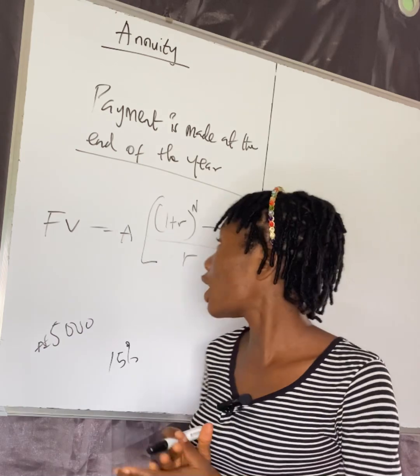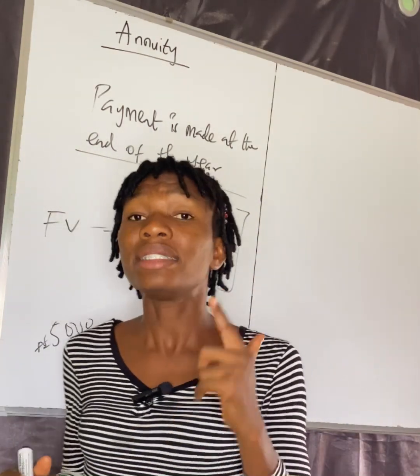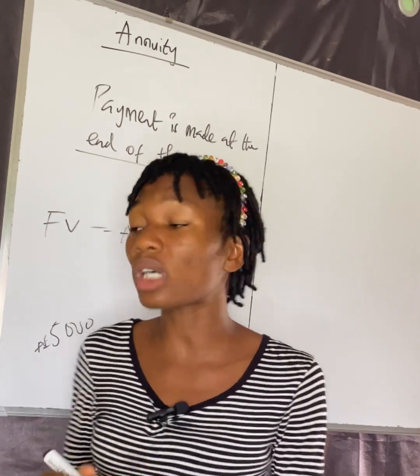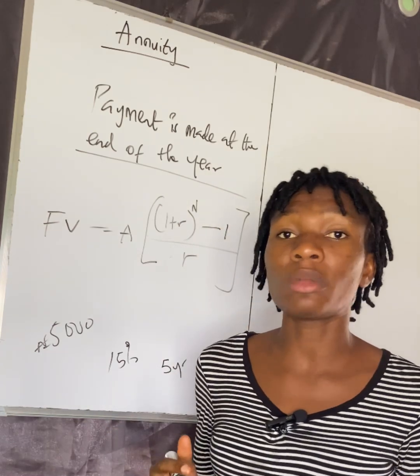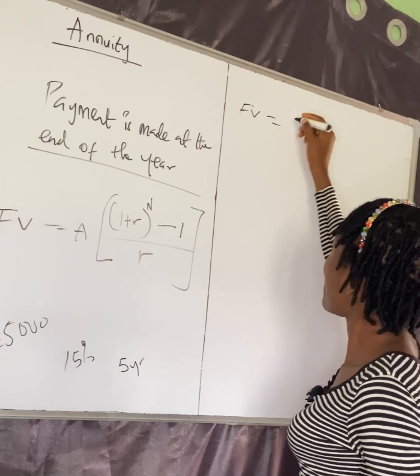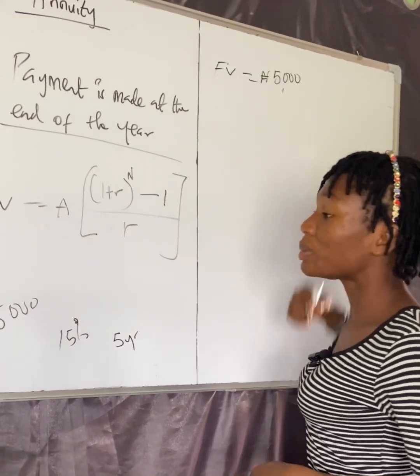Now we're keeping the money for 5 years. We want to know the future value, that is the amount he is going to receive at the end of those 5 years. So our n is 5 years. We'll be inputting the formula very quickly. Our future value is what we are looking for. Our amount in this case is 5,000 naira, and the payment was made at the end of the year.